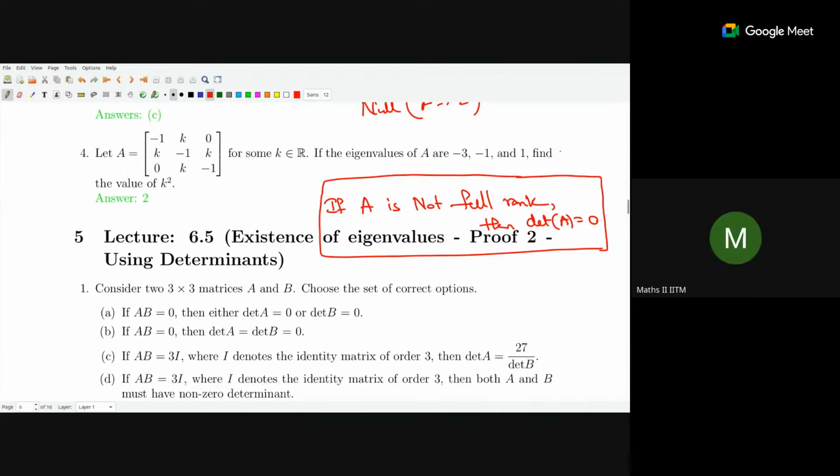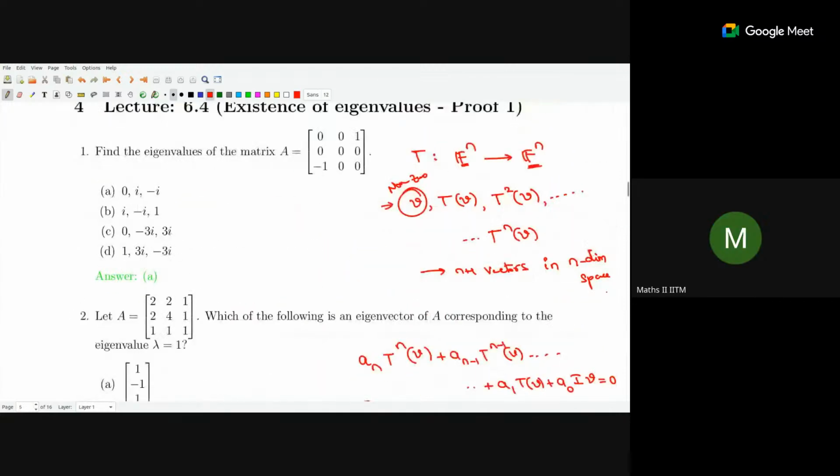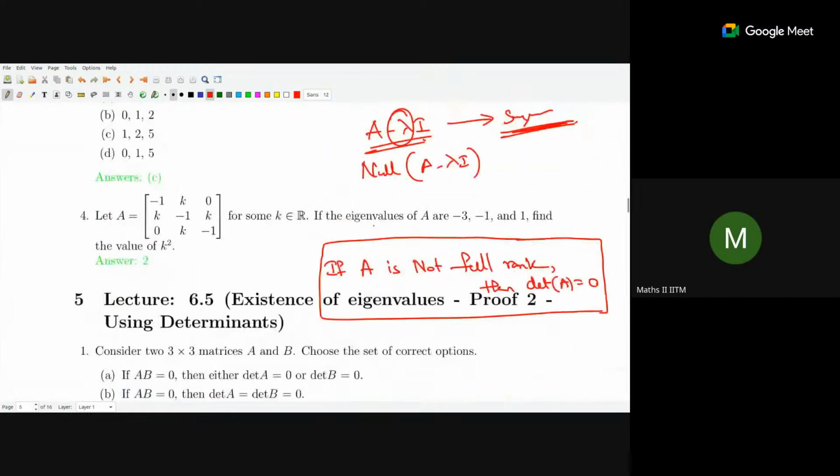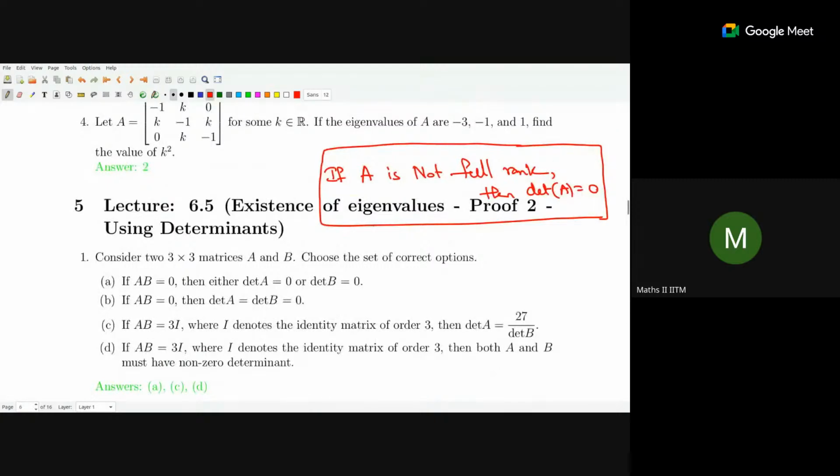So that is about 6.4. Whatever I discussed here is the same as in the lecture. It is just the proof of the existence of eigenvalues. In 6.5, we have shown the other proof using determinants, the traditional approach.